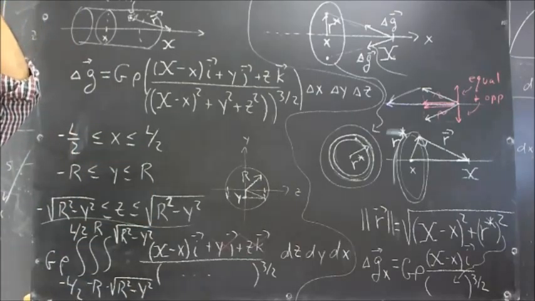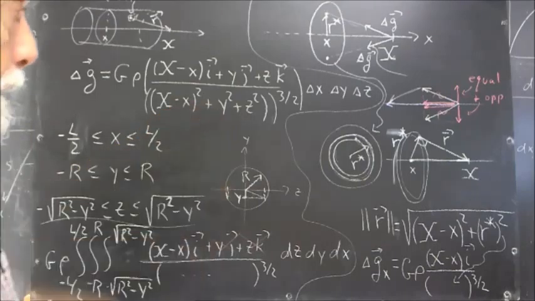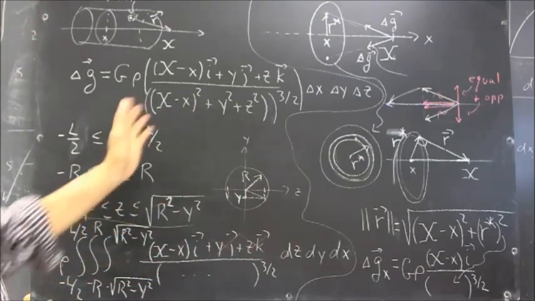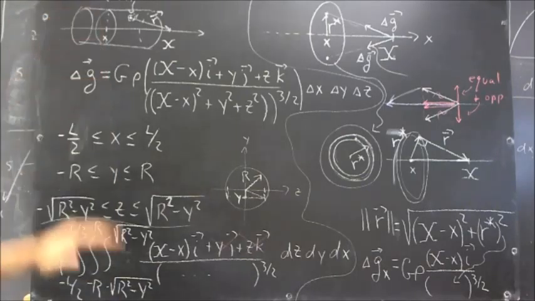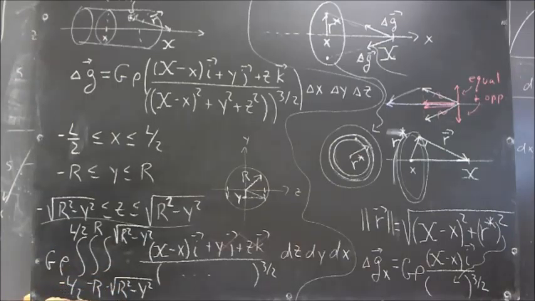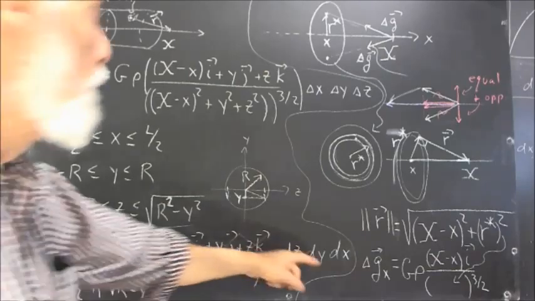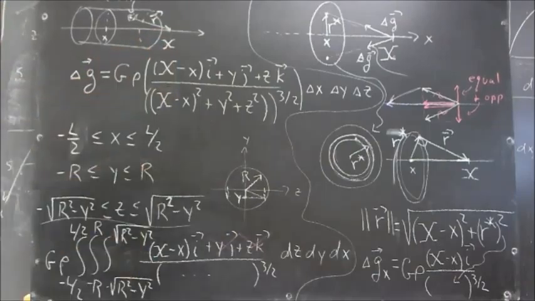You should know, if you've had calculus, that sort of thing can be integrated using trigonometric substitution. I'm not going to go into the details of the integration, at least not in this clip. Okay, so here's our integral for the field. If you do this integral for a constant rho, you do get the field of the cylinder at the point big X.